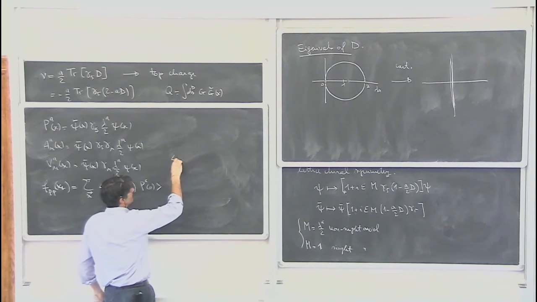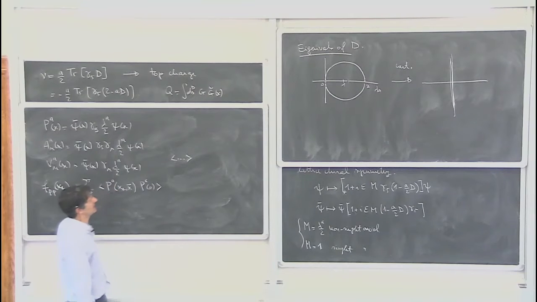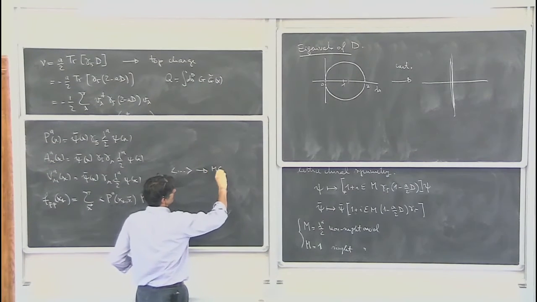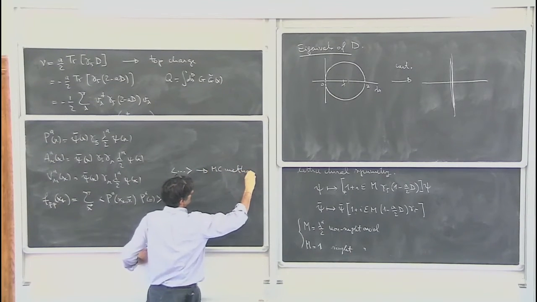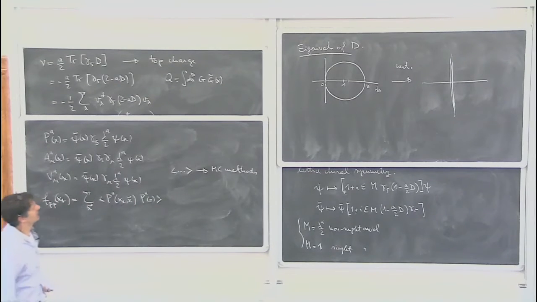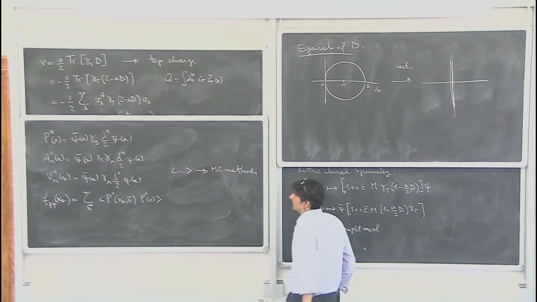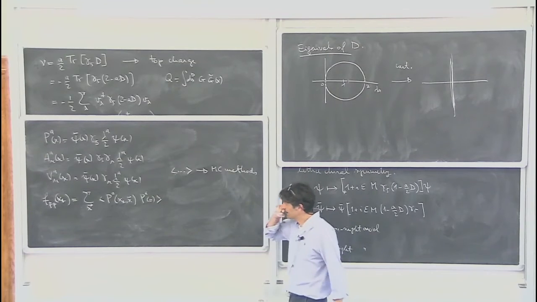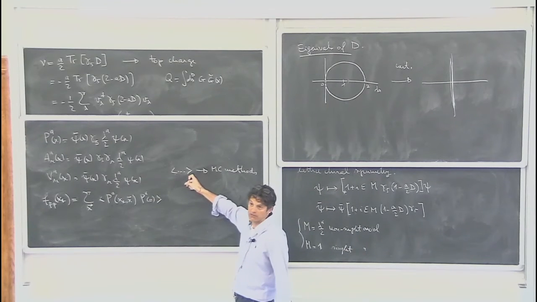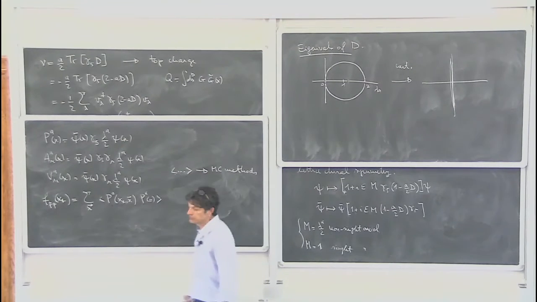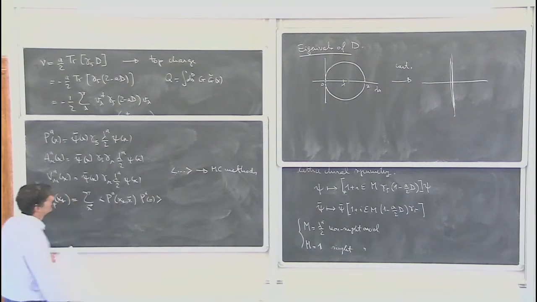So when you do a lattice simulation, everything that is an expectation value is computed by Monte Carlo methods. Again, I'm not going to talk about Monte Carlo methods in this course, but basically you have a numerical way of computing these correlators. And so, provided you have enough computing power, you can compute correlators up to a given statistical accuracy.